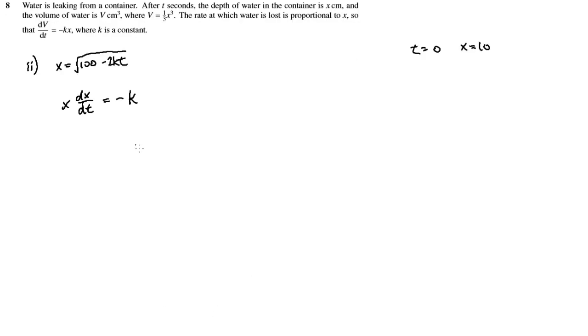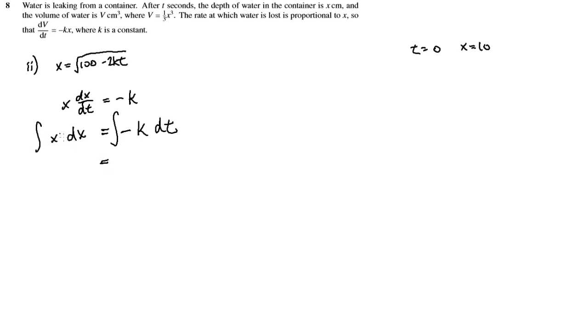Part 2, we need to find this, show that x is equal to the root of 100 minus 2kt. So by integrating, the only thing that we can integrate is this expression. So by integrating this, and we are given the initial condition t is 0, x equals 10. So let's do the integration bit. So the integral of x dx is minus k dt. This is just separation of variables.